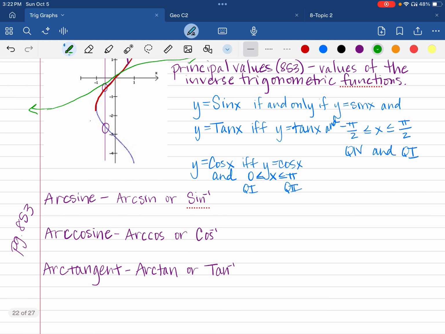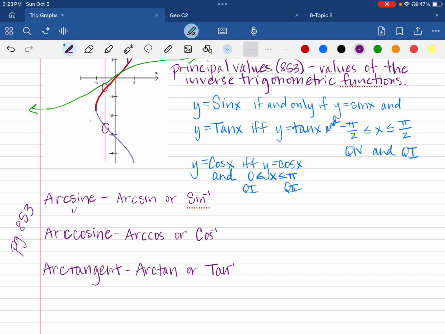Back to our definitions here. So focusing on arc sine, I'm going to label all of these with what their function looks like written out. Also listing the domain and range for each of them. So arc sine, again, either one of these notations is appropriate.